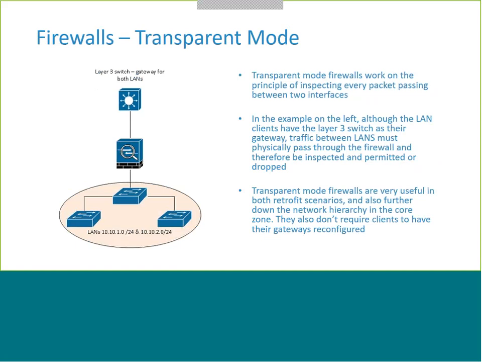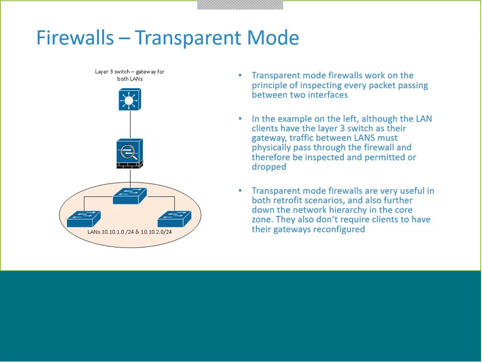What we've done here is we've physically retrofitted a device between the core switch and the layer 3 switch. So there's only one way that traffic can physically pass through now, and that is through that firewall. Although the clients still see the layer 3 switch as a gateway, the traffic is physically passing through that firewall. It's going in one interface, it's going out the other. And it's at that point we can create our ACLs.